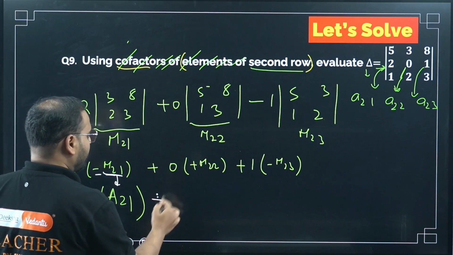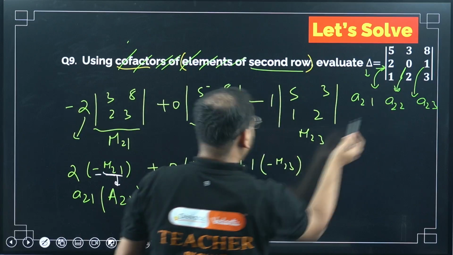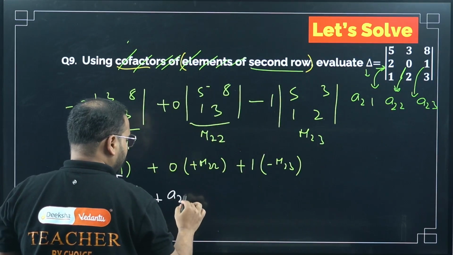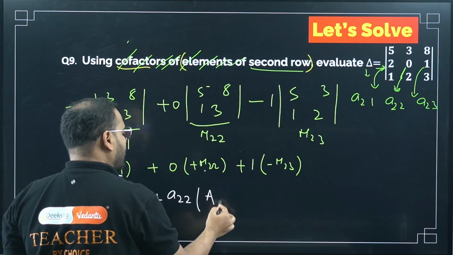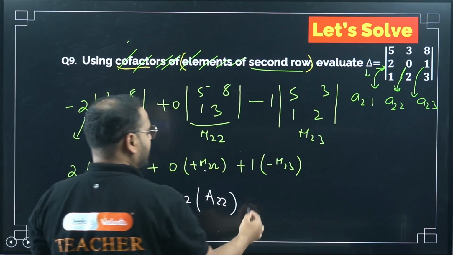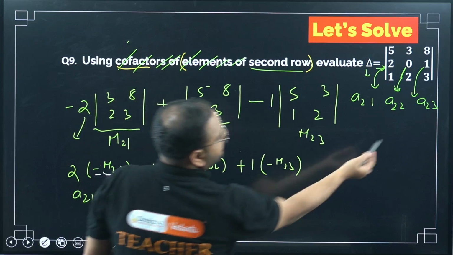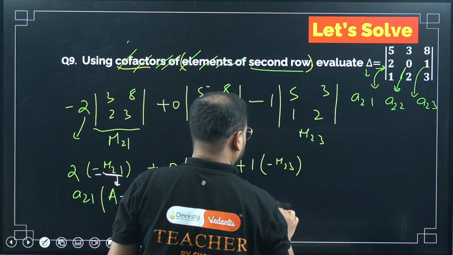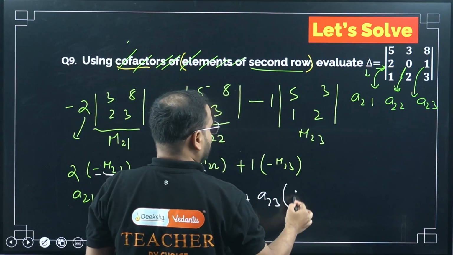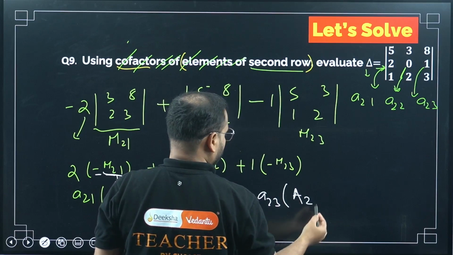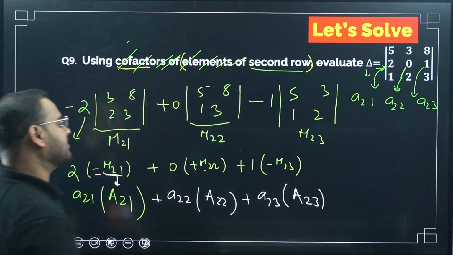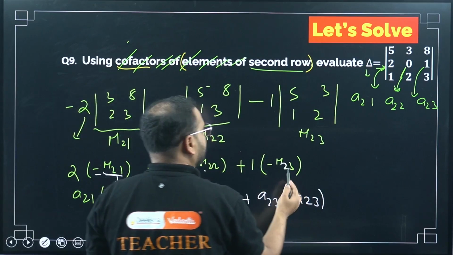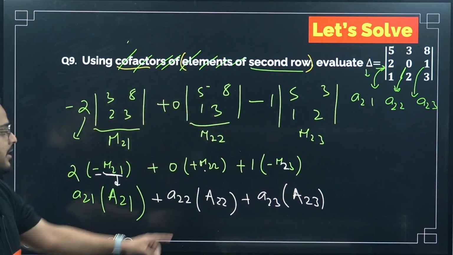Same thing here. What is the 0? My element A22. What is this? Minor multiplied with the sign. Cofactor, sir. Lastly, 1 is A23. This is my minor M23 multiplied with the respective sign.